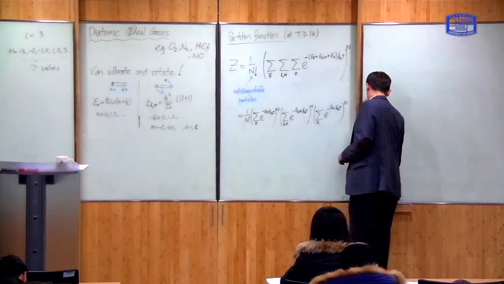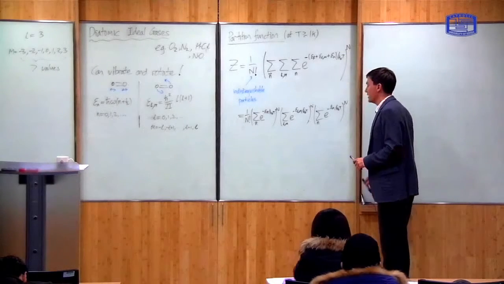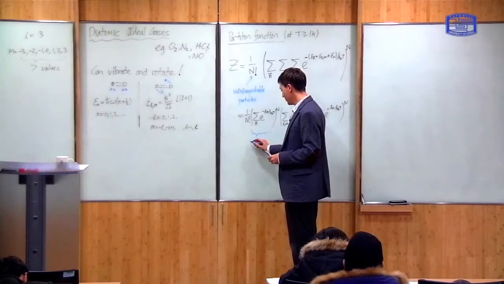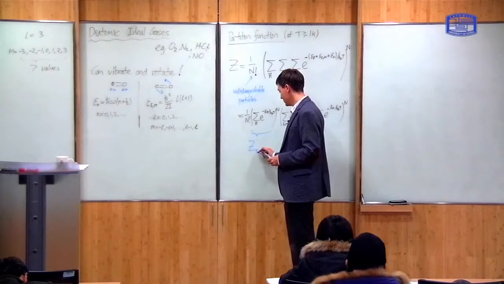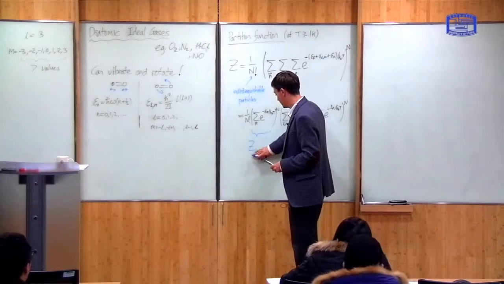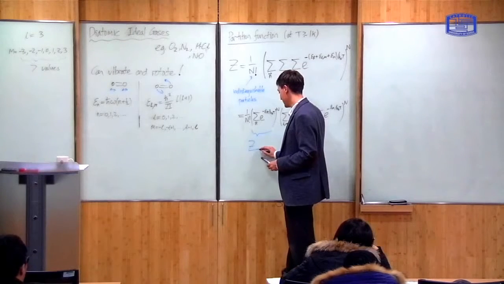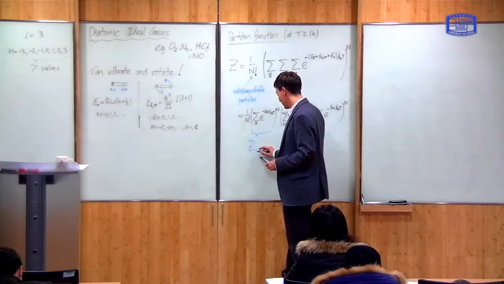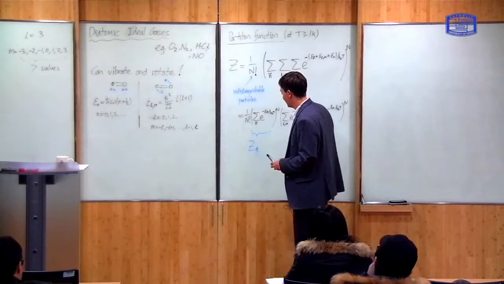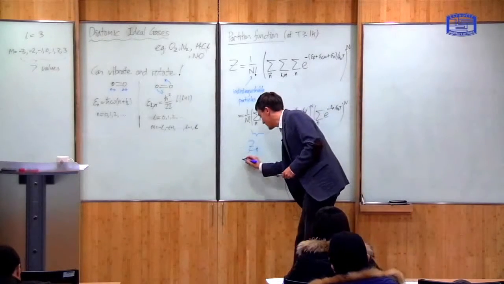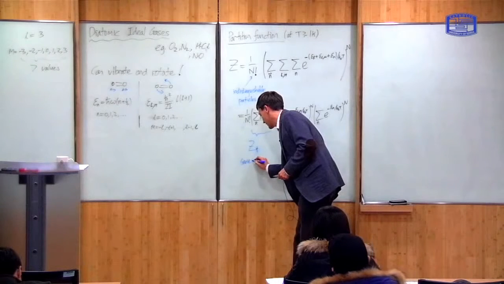So the partition function splits as a product of three terms. This first one I can call Z trans. Let me just call it ZT to keep things simple. Big T could be temperature, so I'll call it little t. T for translation. So this first term is the same as the monatomic gas.